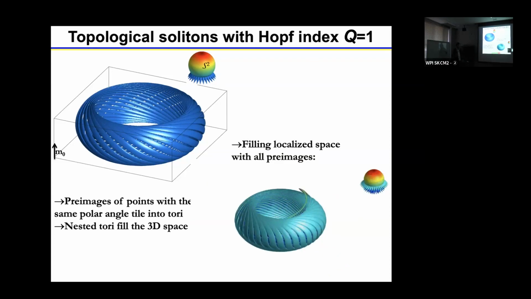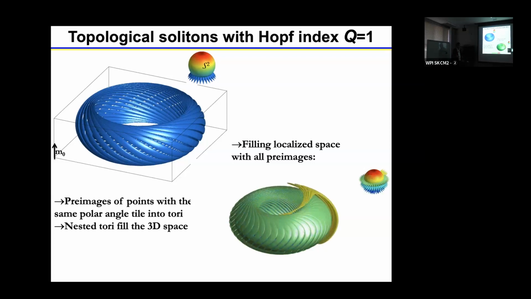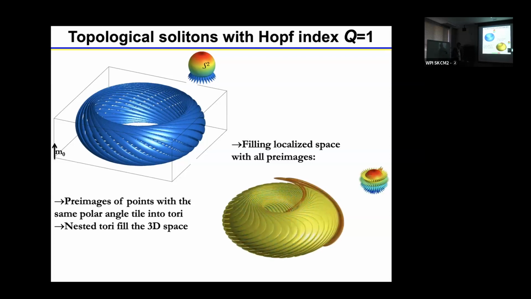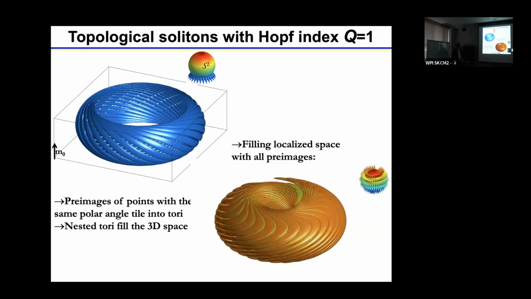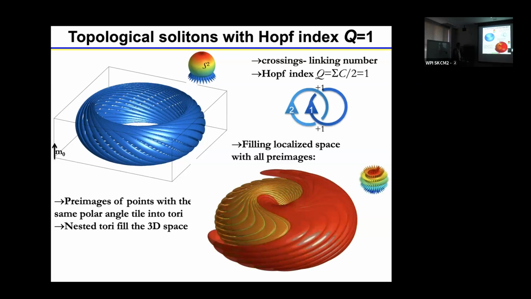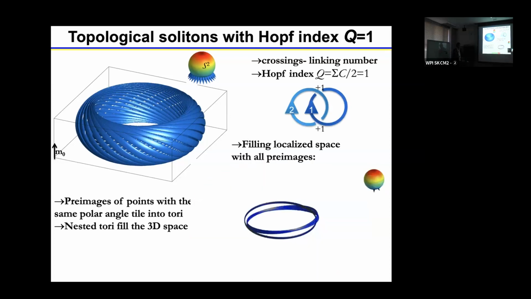It takes finite space, and you can see in here that you can indeed tile these preimages within a finite volume, where the North Pole corresponds to the far-field background that you will have outside of this localized region of the topological soliton. For every pair of these preimages, we have the same linking number that can be characterized based on crossings, and for this case, it's equal to 1.